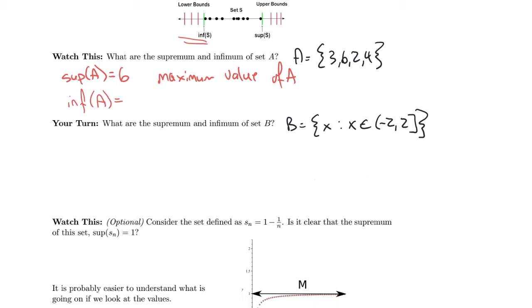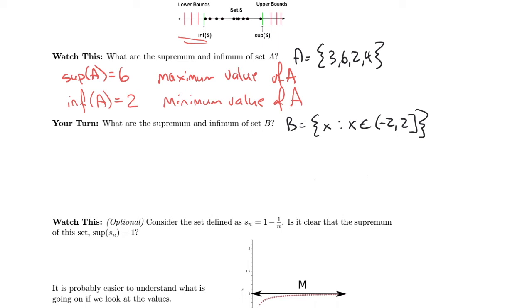But the largest of those is going to be 2, and that makes it the minimum value of A. So it's pretty easy to identify the supremum and the infimum if the set has a very clear, obvious maximum value or a minimum value.